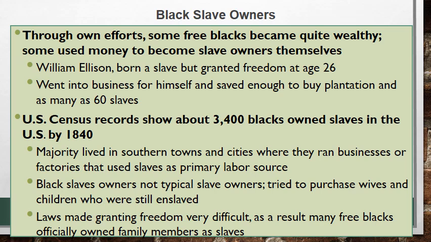But what you're going to find also is that many of these black slave owners own people who matter to them. That is, they purchase wives and children in order to get them out of other people's hands. And because it was very much impossible to free their wives and children, the next best thing was owning those people you cared about.